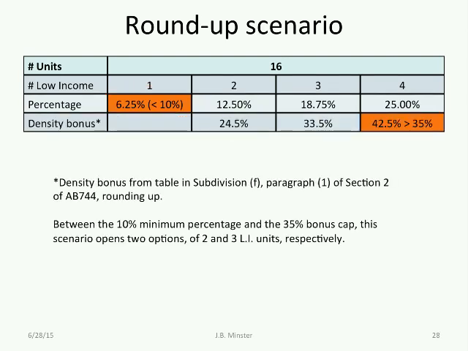At the other end of the range, the choice of 4 low-income units triggers the 35% bonus cap, and therefore we will not consider it, which means that between the 10% minimum percentage and the 35% bonus cap, the round up scenario opens two options of 2 and 3 low-income units, respectively.